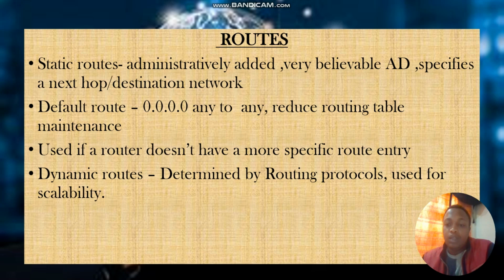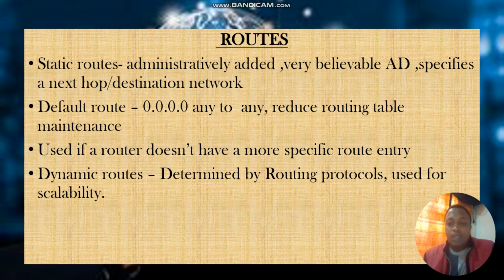And this is very believable because you specifically know the IP address of the next router that you want to go to. So you as the system administrator will statically assign that specific address, and that route will be a static route.